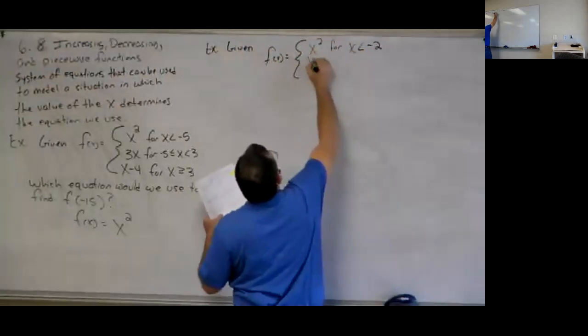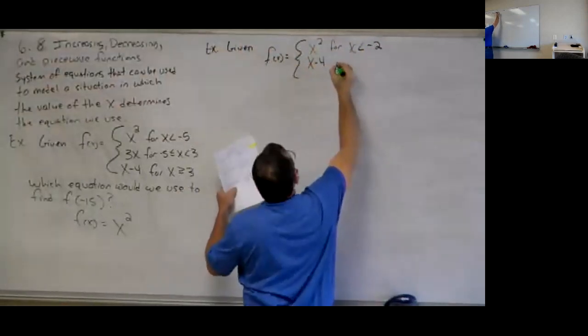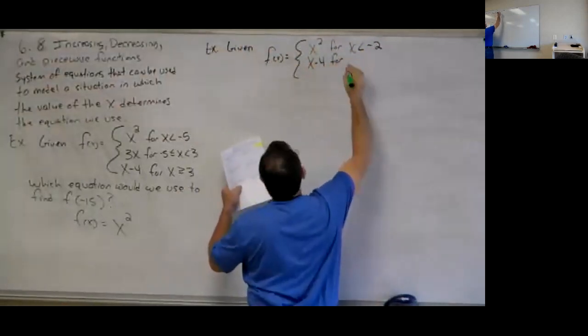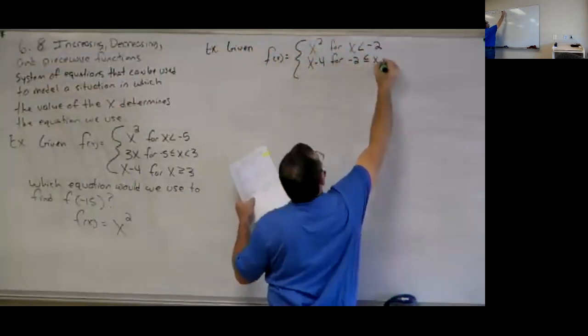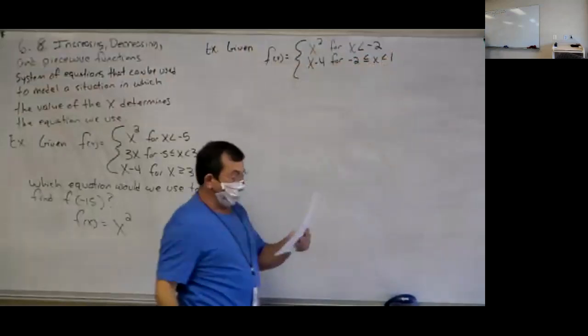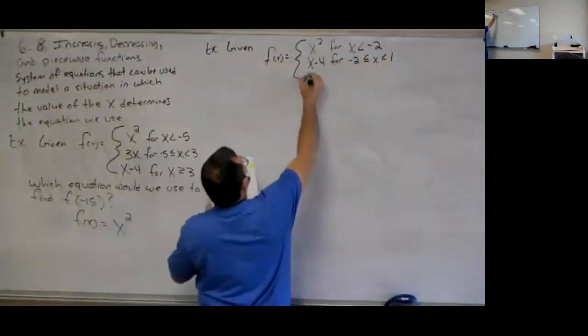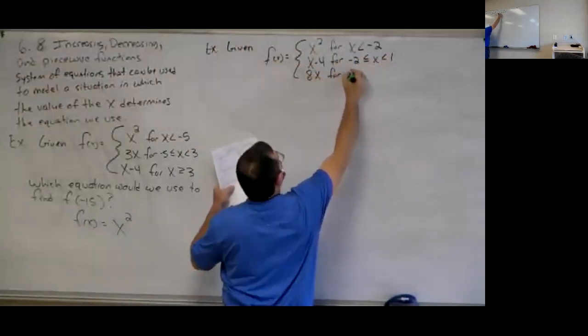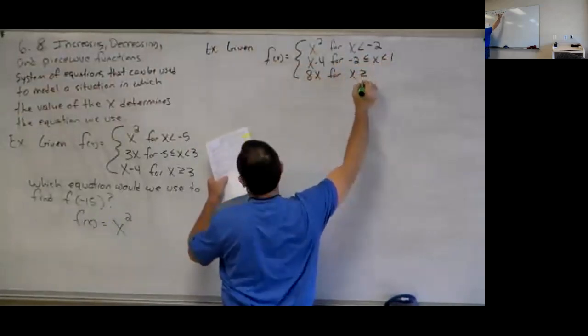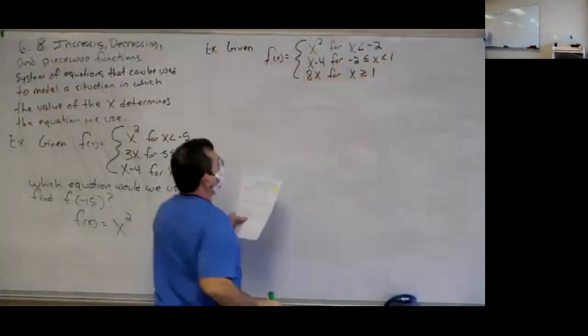It's going to be x minus 4 for -2 less than or equal to x less than 1. And it's going to equal 8x for any x greater than or equal to 1.